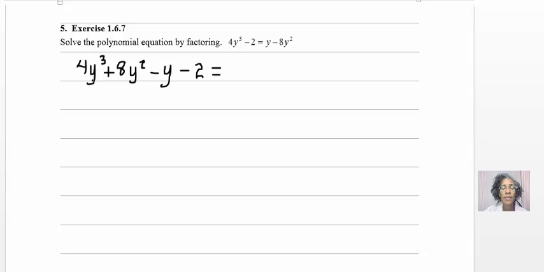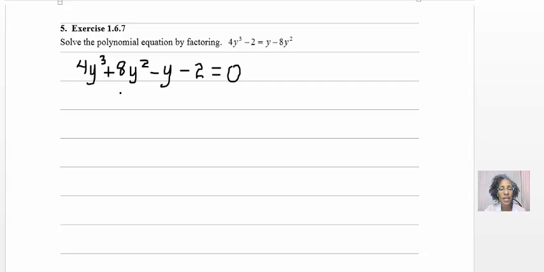And that will give me 4y cubed plus 8y squared minus y minus 2 on my left side and 0 on the right side. So I added 8y squared and subtracted y from both sides of the equation to obtain this. And now I'm going to factor.